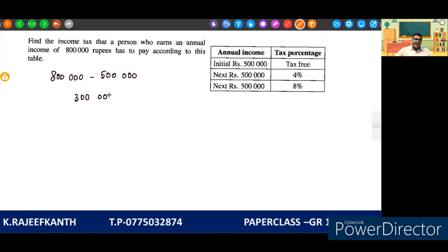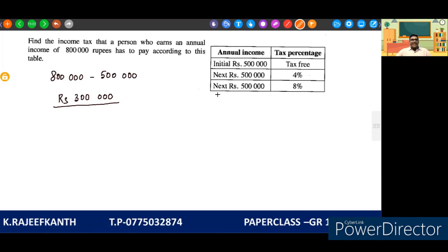So we have to pay the tax only for this 300,000. No need to pay on 800,000 because the initial 500,000 is tax free.